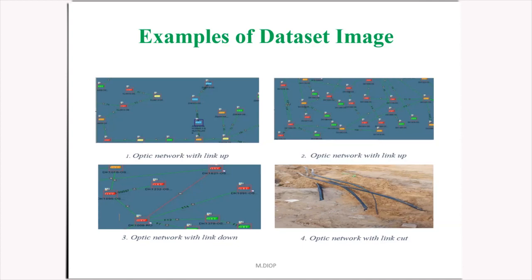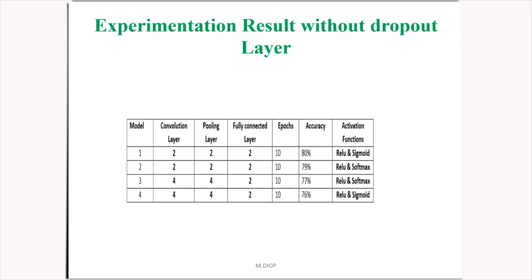We used the data set and the model, and the first experimentation result is here. We have 4 models. In each model, we have a convolution layer, a pooling layer, a fully connected layer, and an accuracy, and we also have an activation function for each, for the first, second, third, and fourth model.